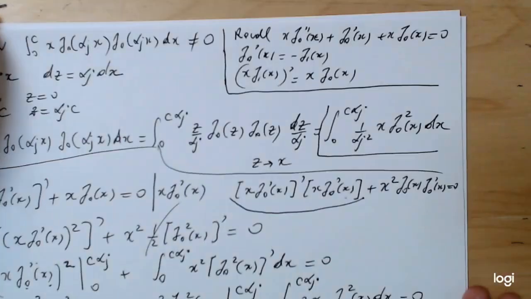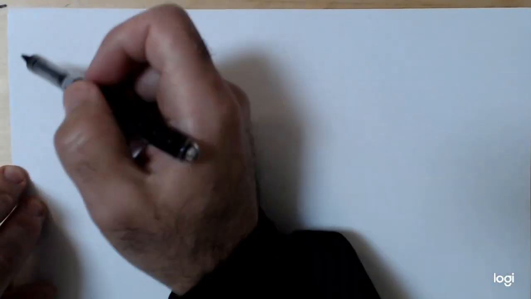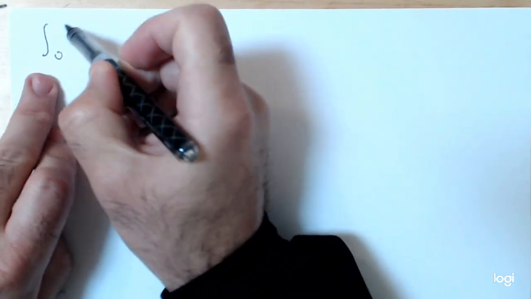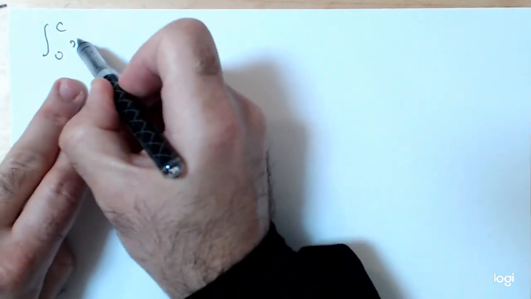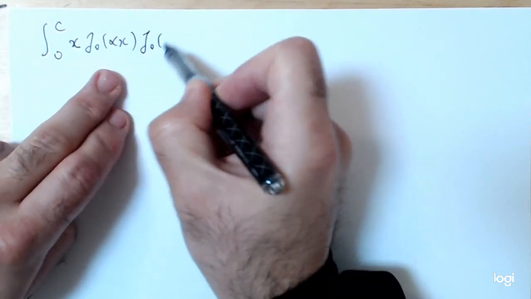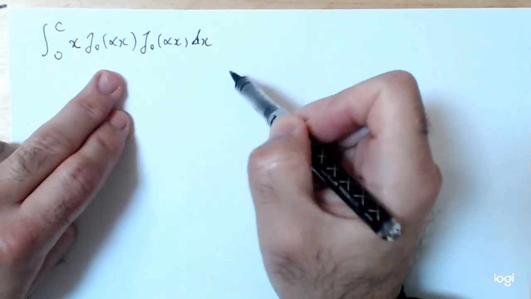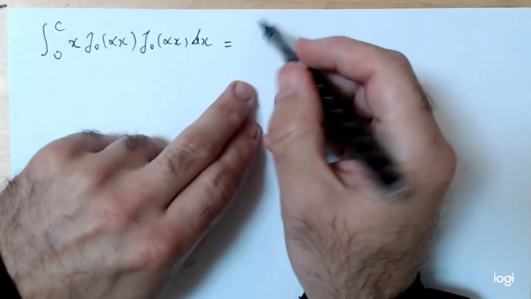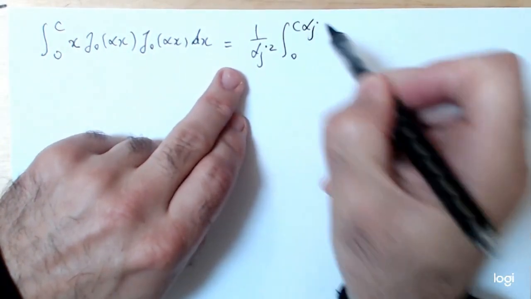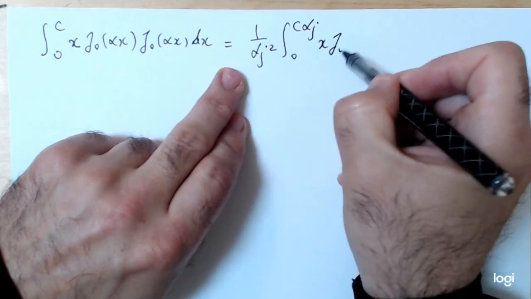Okay, so let's actually do this on the same part on the next piece of paper, so we don't break the continuity of the argument too much. Again, we started from the integral from 0 to c of x J naught of alpha j x times J naught of alpha j x dx. And we showed that this is going to be 1 over alpha j squared, the integral from 0 to c alpha j of x J naught squared.